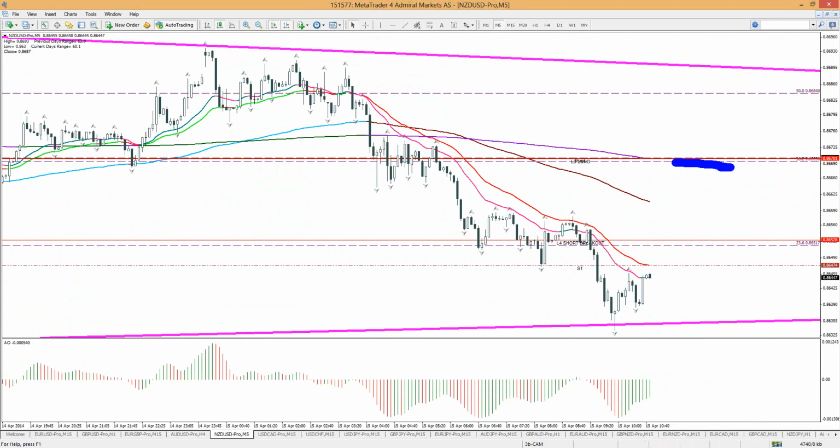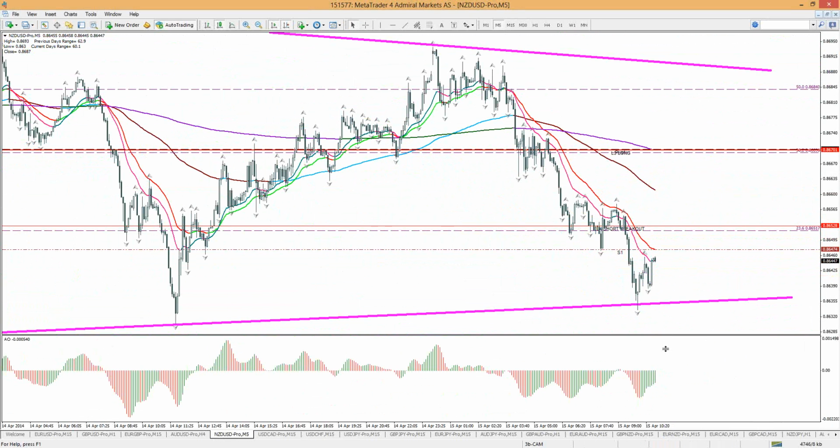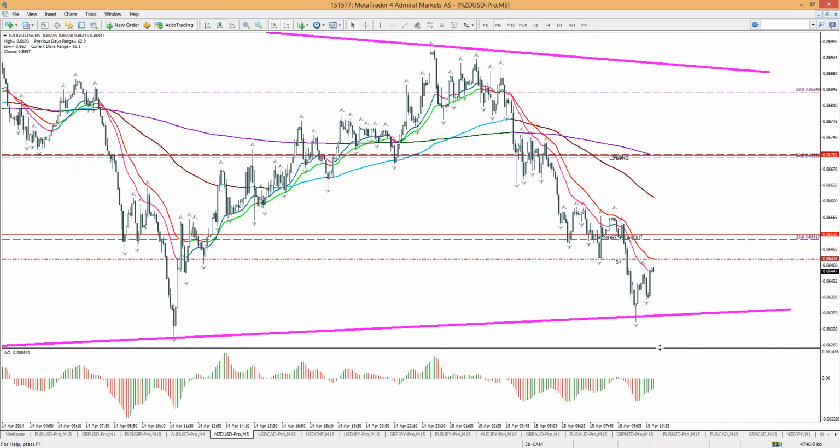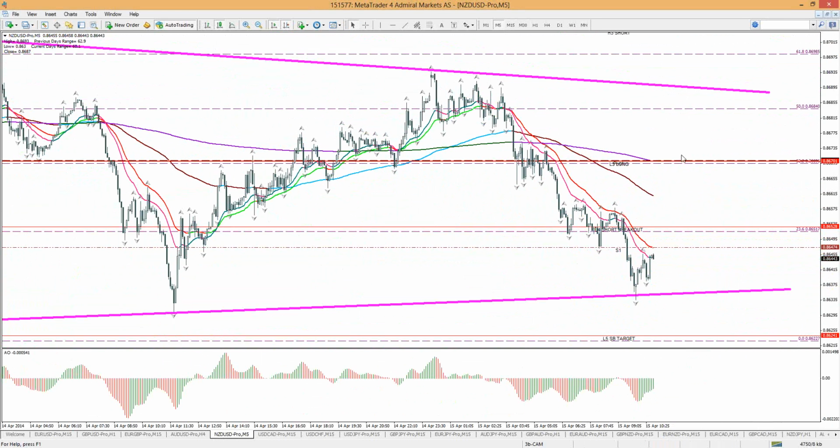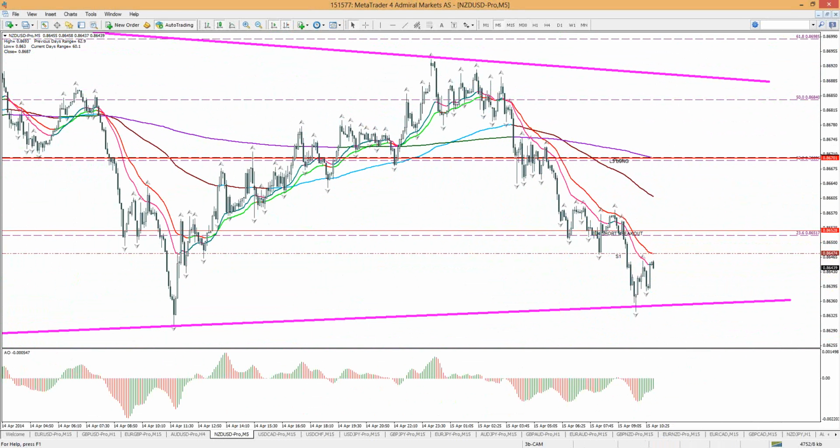Once again, if we get to this level, I wouldn't be surprised to see rejection here due to the divergence on the 4-hour chart. Now, we might not even get that high. We could actually stop right here. But these two levels would be the primary resistances, I would say.